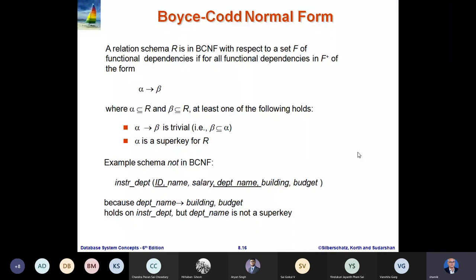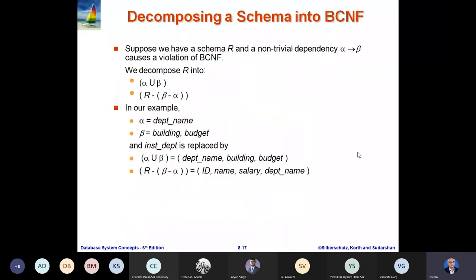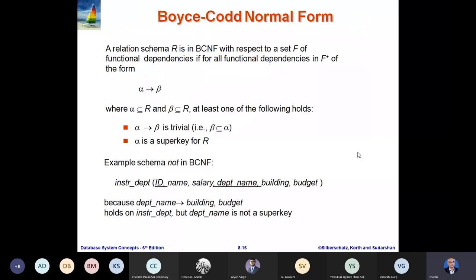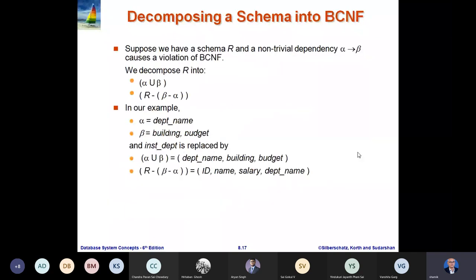Now, if a schema is not in BCNF, that means there are indeed certain redundancies. If it is not in BCNF, there is a non-trivial dependency alpha to beta which is causing a violation of BCNF.